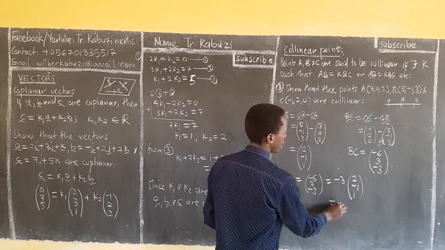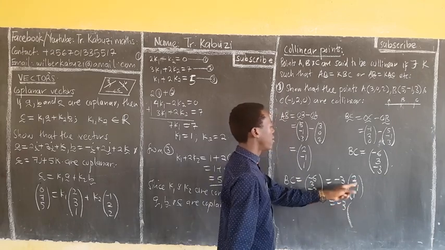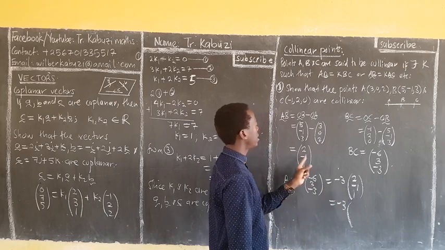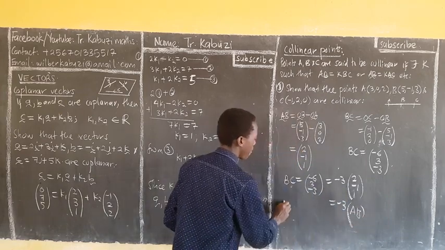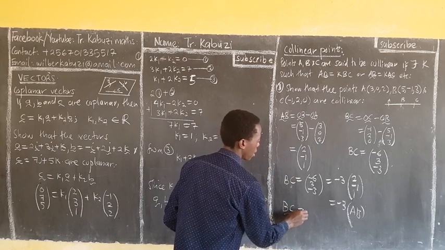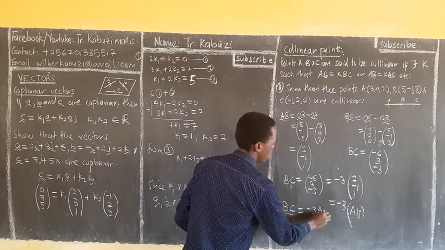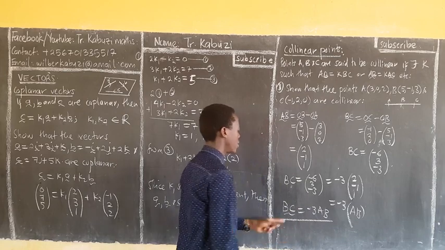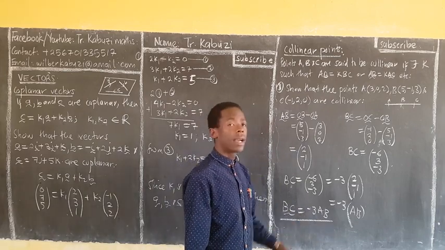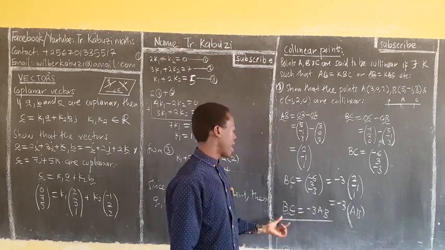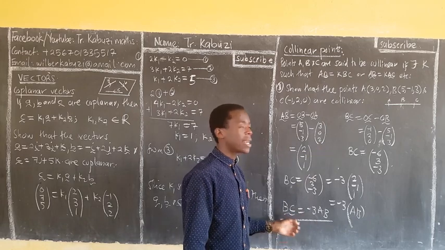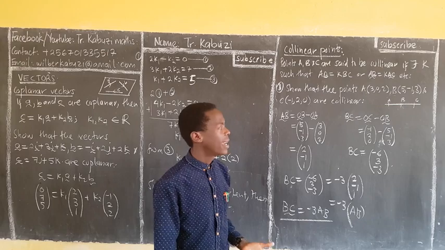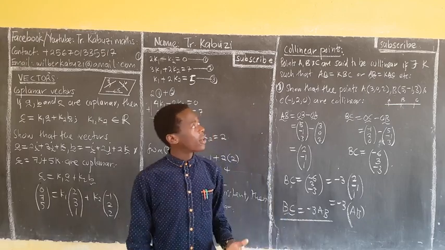But you see that negative 3 times the whole of this is what? The whole of this is our AB. So meaning this shows that these points are collinear, because I'm able to express two vectors from those points as a scalar multiple of the other. So remember, that's how we handle coplanar and collinear points.